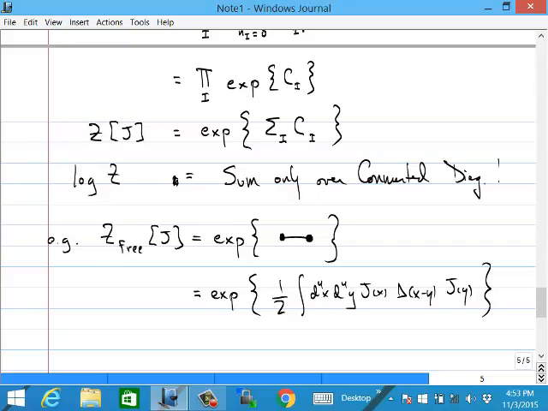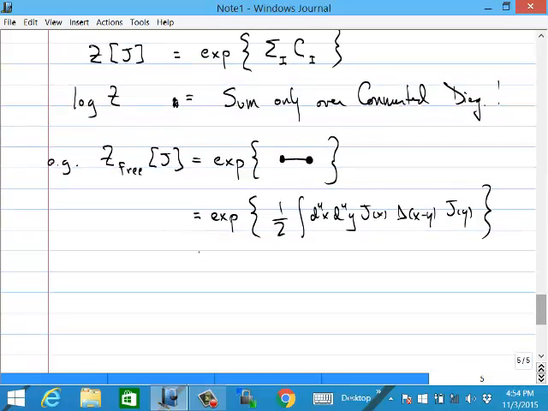And so you can see here that indeed our answer for the free theory is precisely just the exponential of a sum of a bunch of connected diagrams. So that, for example, if you were to expand this out, you would get 1 plus this diagram plus the square of the diagram, and so on and so forth.